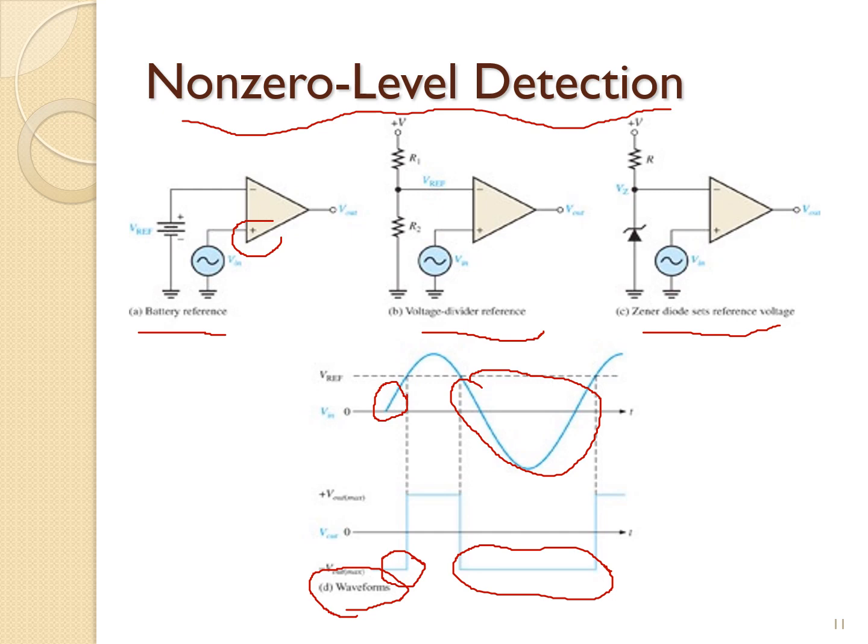When Vin is approximately equal to or greater than Vreference, the output goes to its maximum positive voltage.